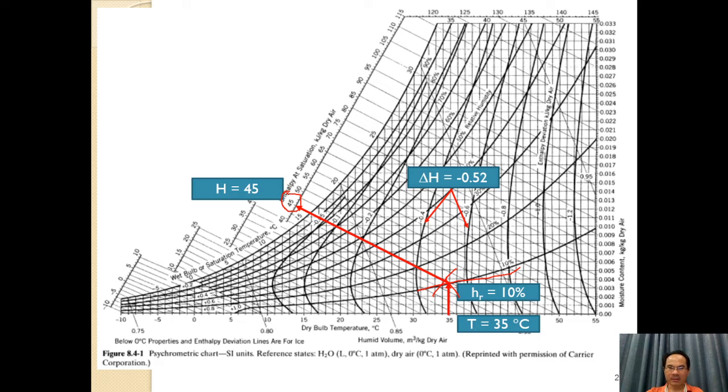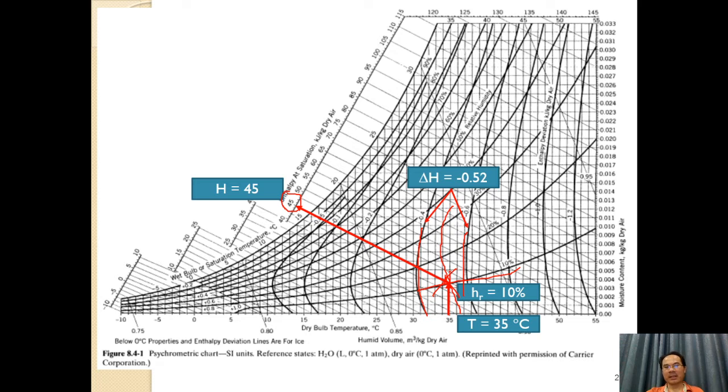Also, how about the entropy deviation? The entropy deviation is located between minus 0.4 and minus 0.6, approximately 0.52. For this point it is about 0.5.